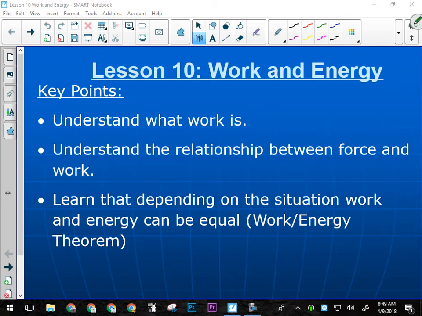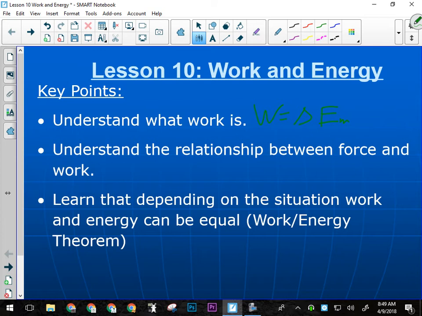It's a change in energy. This is what we need to know: work is a change in mechanical energy. That could be gravitational potential energy, elastic potential energy, kinetic energy, or all of them. Anytime we do work, we are changing the mechanical energy of the object.